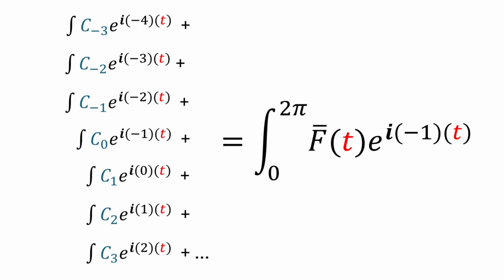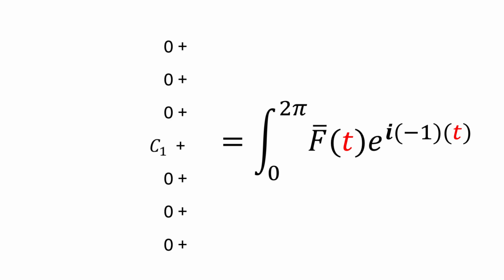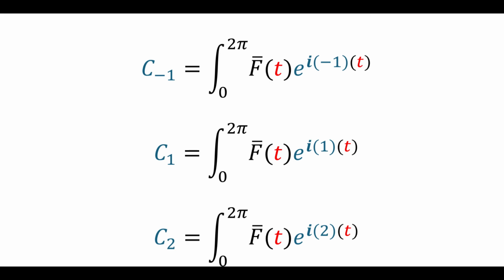Now, if we integrate like before, we see that everything will cancel except for one of those, the one with the 0. This way, we can simply calculate another of the coefficients. By repeating this process, we can determine as many coefficients as we feel like.